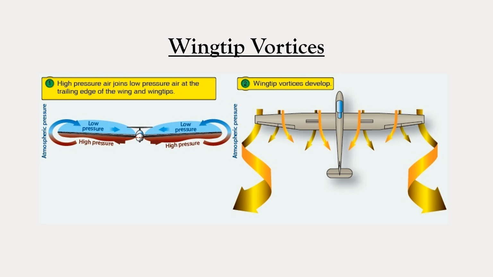Out here in the middle of the wing, the air can't flow from the bottom to the top because the wing's in the way. Out at the tip, there is a way for the air to flow from the high pressure area to the low pressure area, and that's exactly what it does. It goes around the wing at the wingtip.